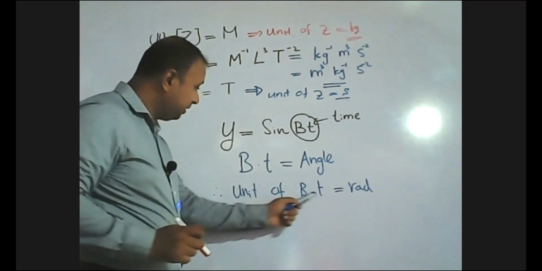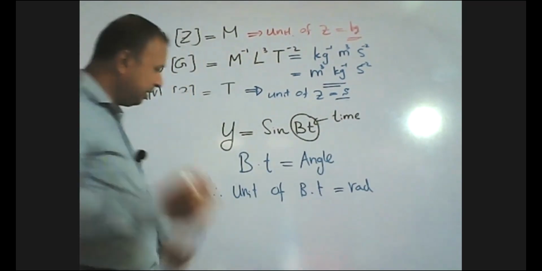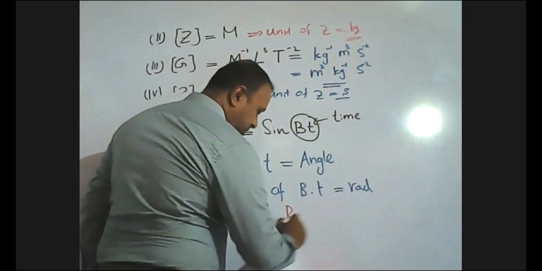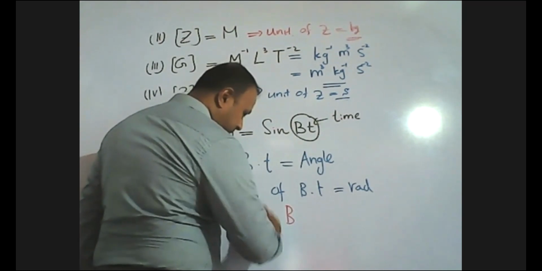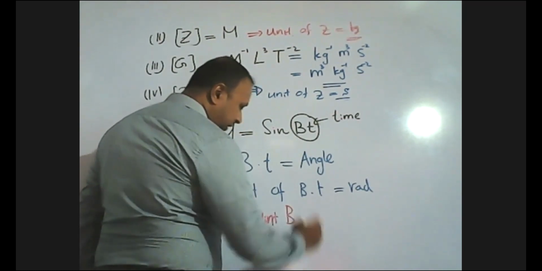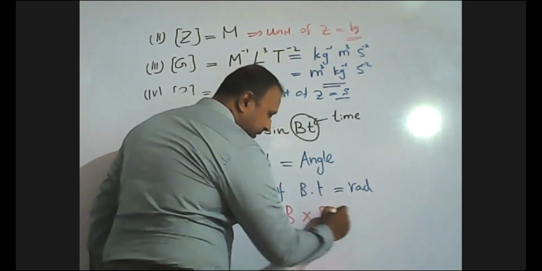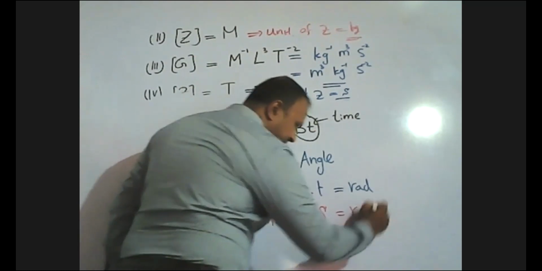And you know the dimension of T. T is a time, no? So the unit of B into T, meaning time, is equal to radian.